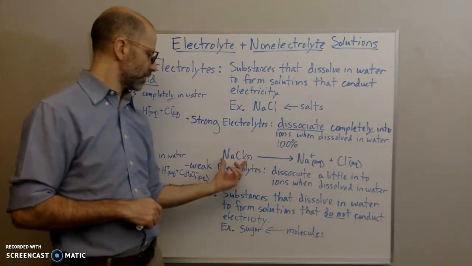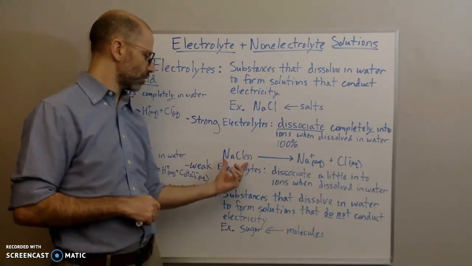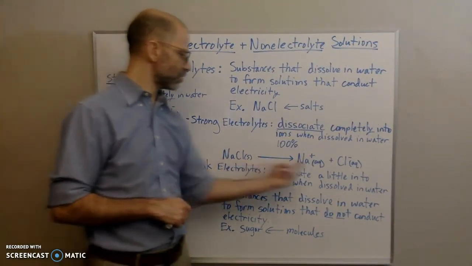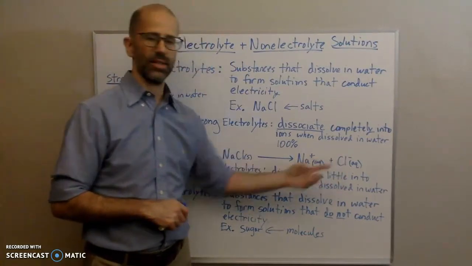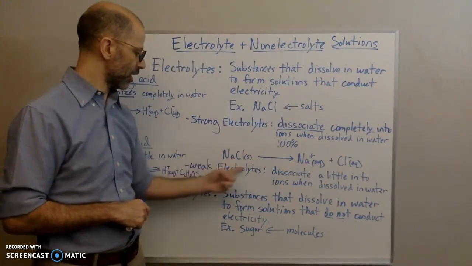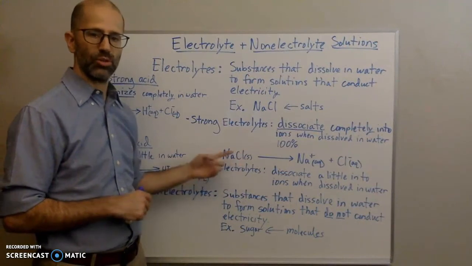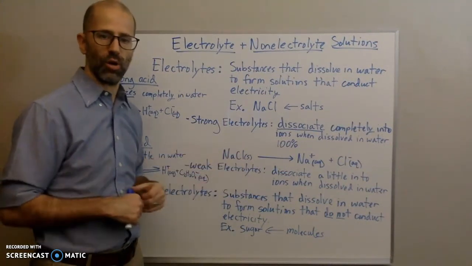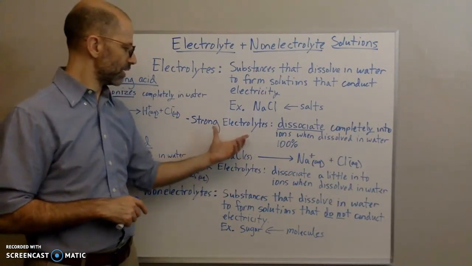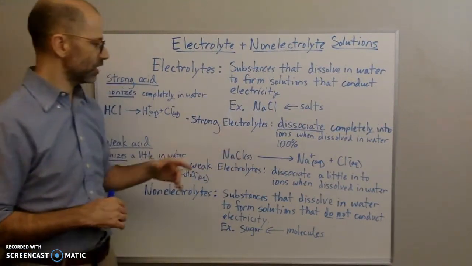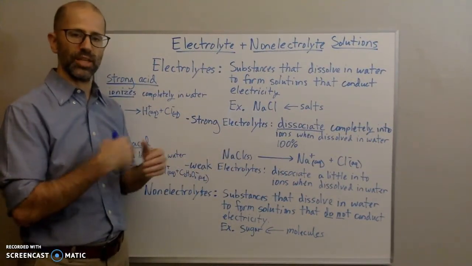If I have enough water, then the salt is going to completely dissociate into the ions, and I'm not going to have anything left of the salt. So that would be an example of a strong electrolyte. Again, strong is 100% dissociation.